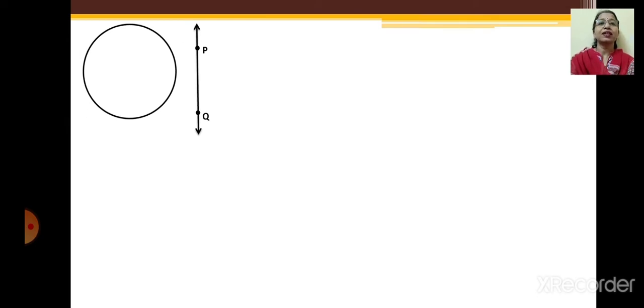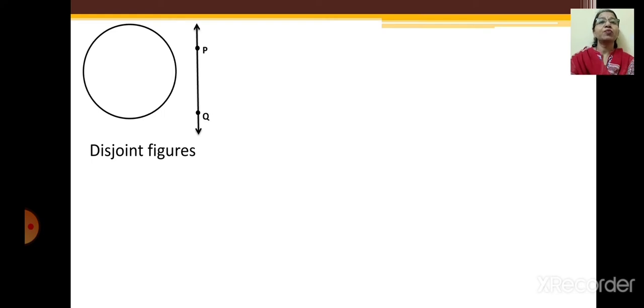Now here a circle and a line PQ are given. Is there any common thing between these two geometrical figures? No. Such figures are called disjoint figures, right?